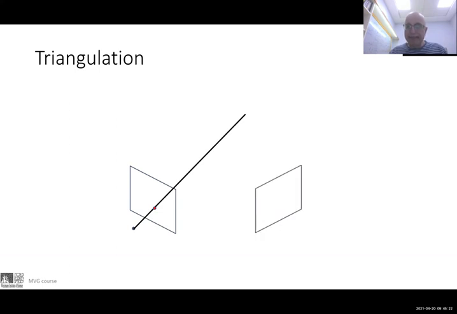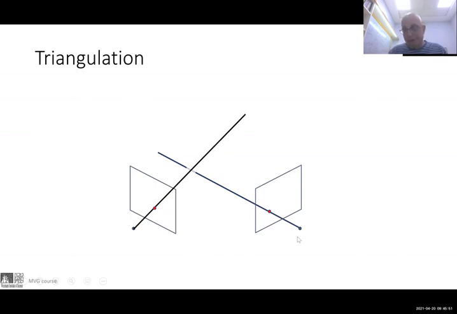Now, if we take a second image, of course, this ray would project to the epipolar line. You learned that. But suppose now I hypothesize that the feature on the left matches the feature on the right. Okay. So I have this ray. The depth of this point should be somewhere along this ray from the left image.